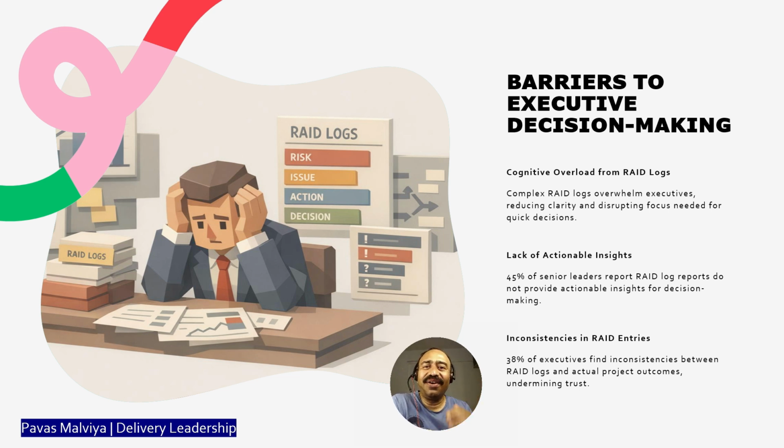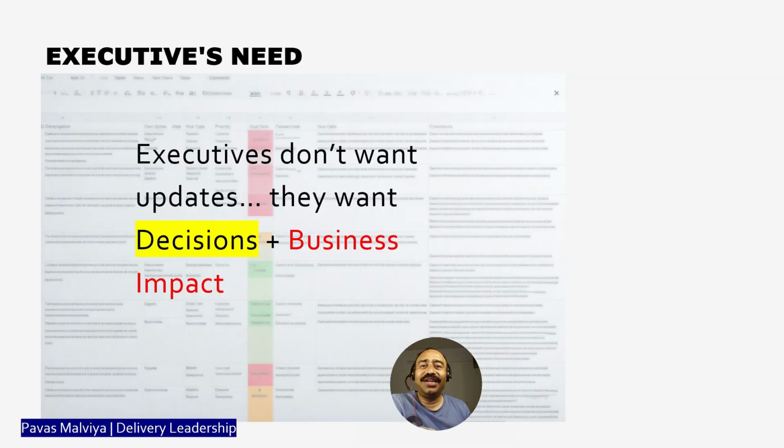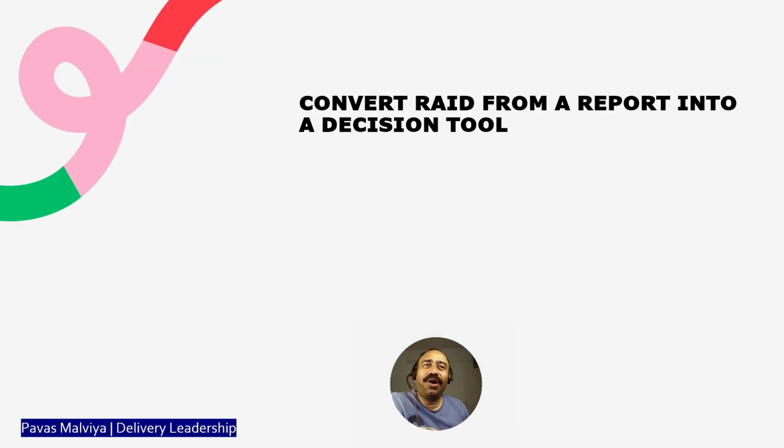It becomes a hindrance in decision making. 45% of RAID logs do not have actionable insights, and 38% have unclear details. How do you expect leaders and executives to make decisions in the steering committee by looking at this kind of RAID log? Executives do not want a RAID log or updates. They want to make decisions which would create a business impact. Hence, you need to convert your RAID report into a decision tool.